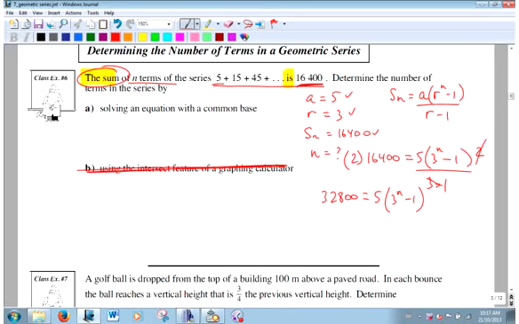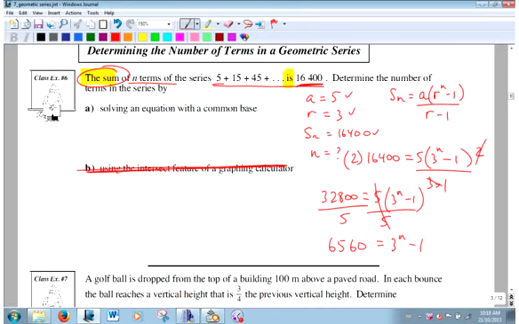Can I just get rid of that 5? How? Let's get rid of it. 5 divided by 5 is gone. How many times does 5 go into 32,800? Hey, that looks familiar. I think we've seen this number already. Is 3 to the n minus 1.